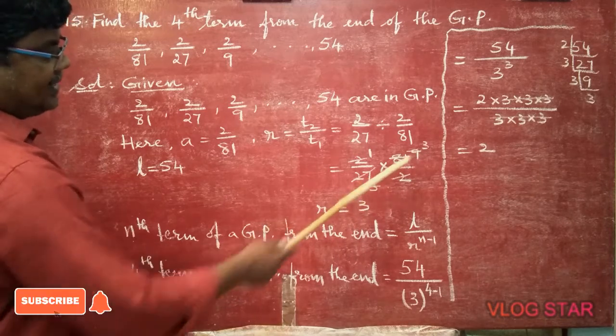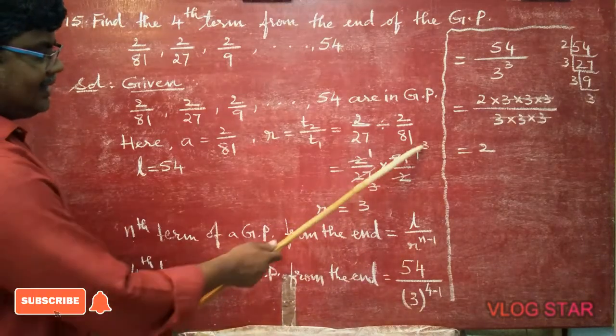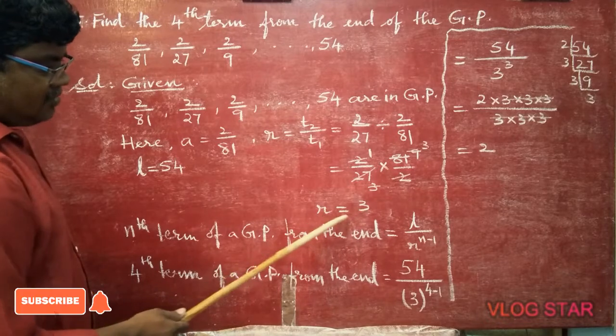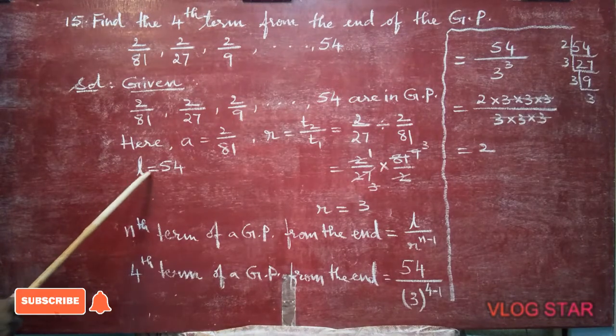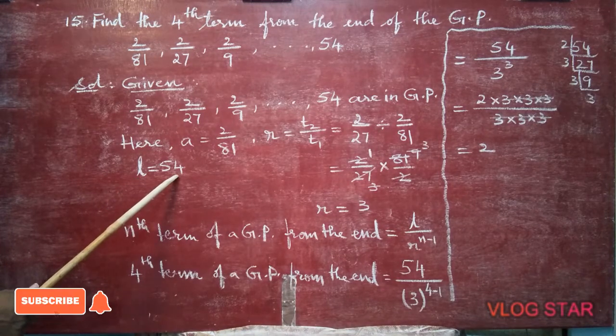Again 3 goes 3 times. So, 1 into 3 is 3, in the denominator nothing is left, so R is equal to 3. The common ratio we got as 3. And L means the last term of the given series, and the last term is 54.